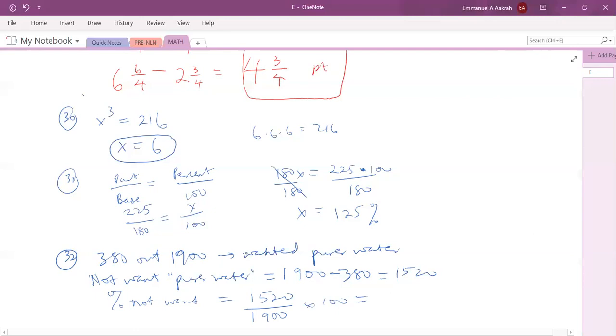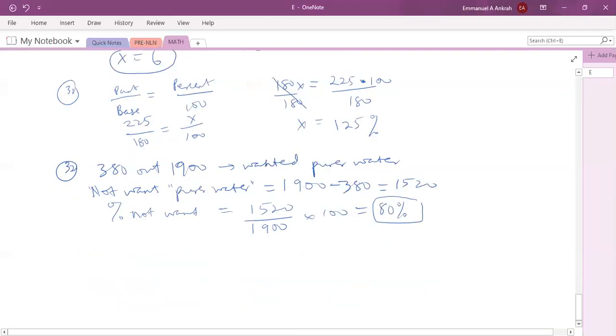That's 80% did not want. Okay, so that's one method. The other method is to find the percentage first of those who wanted and then subtract from 100. That would be your method number 2. If some people did it that way, that's correct too.